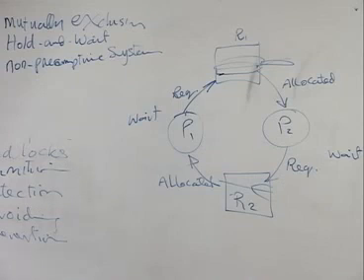Can't be interrupted. A process cannot be interrupted and a resource cannot be taken away from it until the process gives it up voluntarily. And what's a preemptive system? So if we are allowed to interrupt a process and take away a resource from it, then that's a preemptive system.